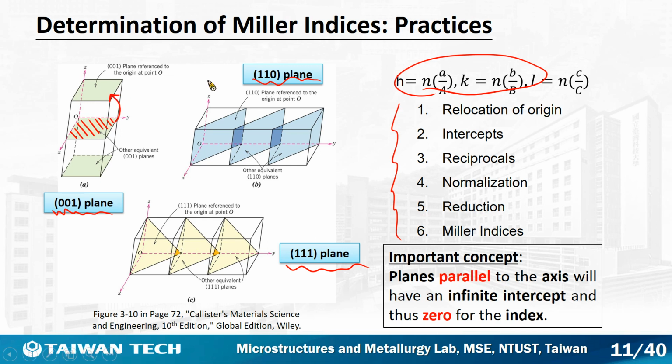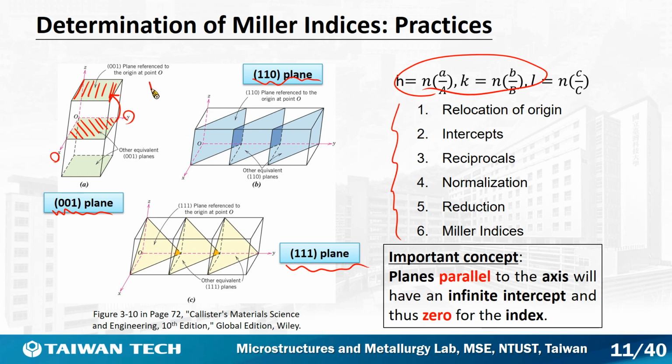Okay, and then let's find the intercept. So this plane has no intersect with the x and y axis. Okay, no intercept. It means that the intercept is infinity. And then we need to take the reciprocal, right?